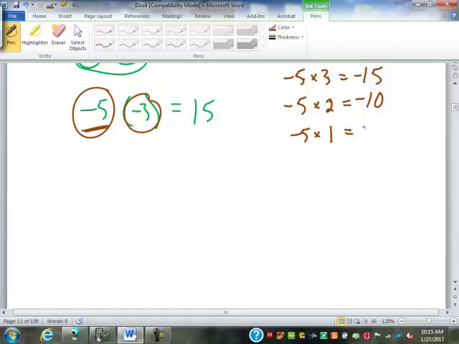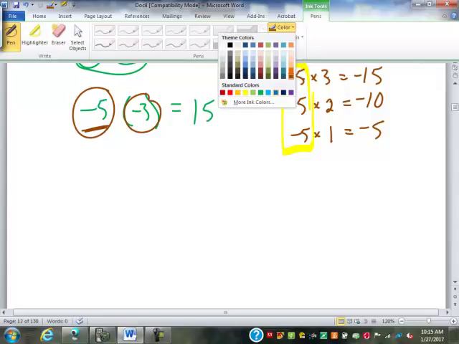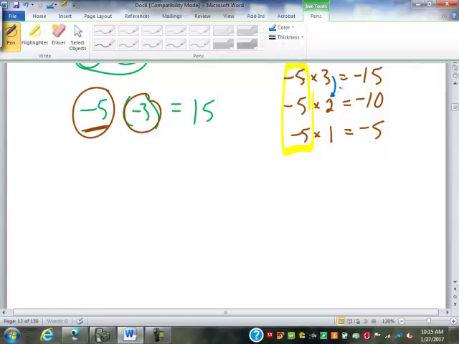Negative 5 times 1, negative 5. Perfect. Now let's see if we get a pattern here. We're starting with negative 5 each time. Each time we're reducing what we multiply by 1. We're subtracting 1 from that. Our answer goes from negative 15 up to negative 10. From negative 10 up to negative 5, the answer is increasing by 5 each time.